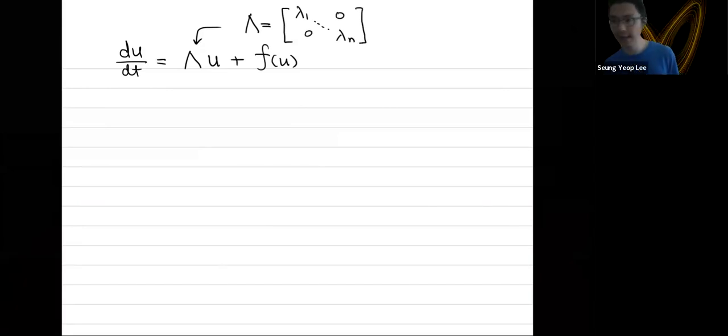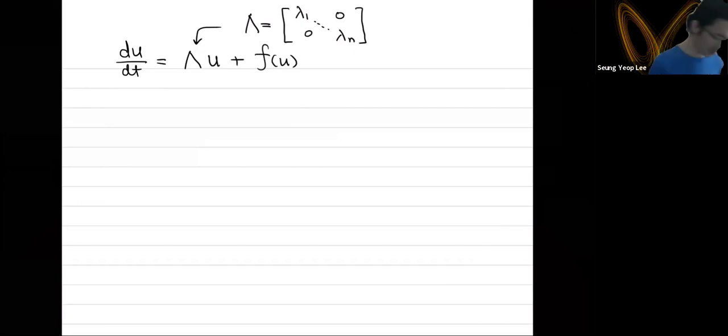So when the matrix A is diagonalizable, it can be in Jordan form in general, but assume first the diagonal case. Then by a certain linear transform of U, you can make it into this form. So let's consider this form.